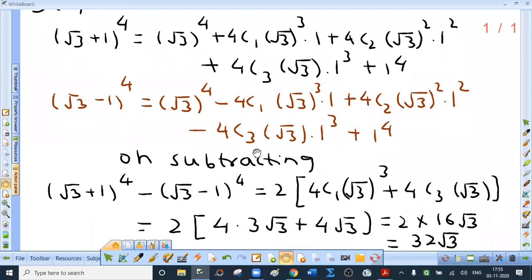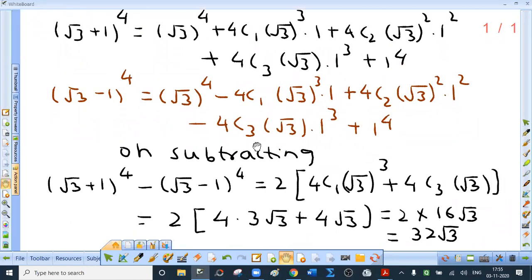Okay, so on subtracting, this term gets cancelled. Now this minus minus this, so 2 times this, third terms get cancelled rather, plus 2 times fourth term, fifth terms, these two terms get cancelled. So what remains is 2 times this.